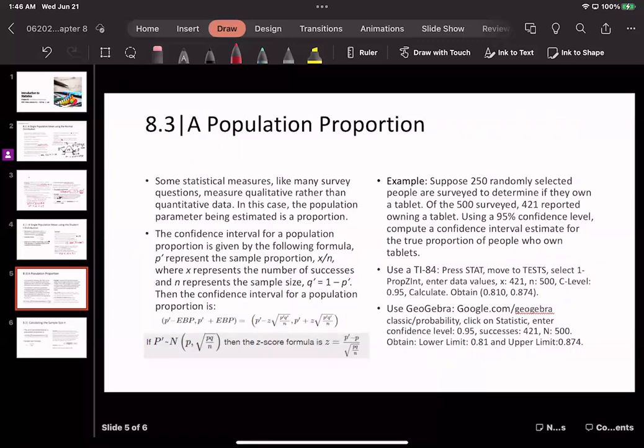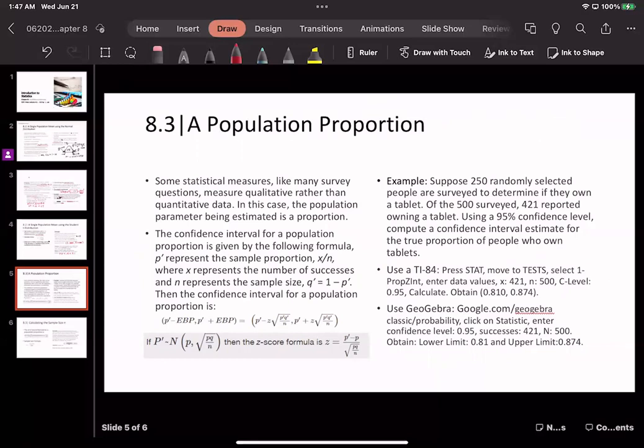The next section is about a population proportion, 8.3. Some statistical measures, like many survey questions, measure qualitative rather than quantitative data.